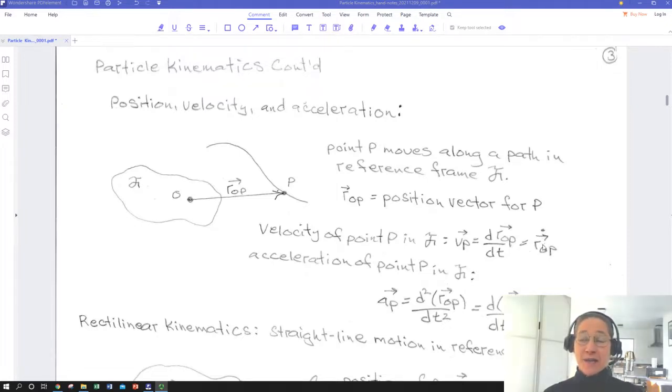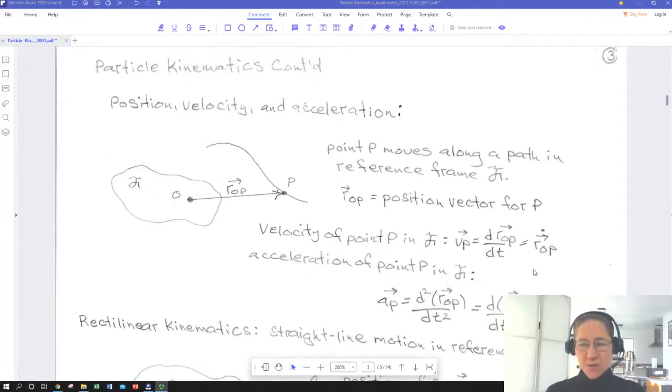Okay, how about the acceleration? There's another vector quantity. Well, we know that acceleration is the first time derivative of velocity or the second time derivative of position. Okay, so we'll define acceleration of point P, a vector function, as the second time derivative of position, which we've already defined as ROP in this reference frame, which is the same thing as dVP or VP dot.